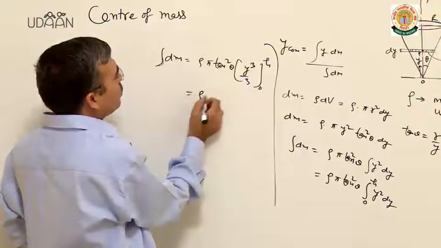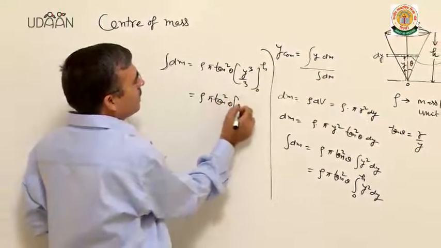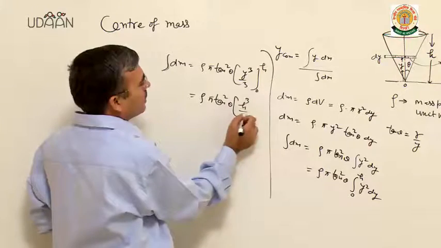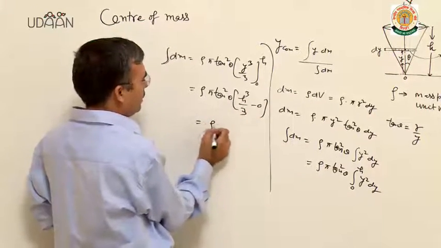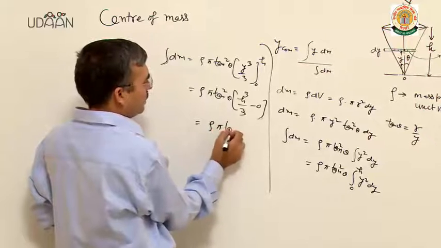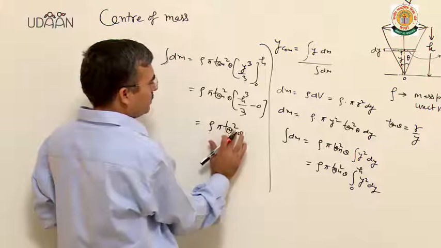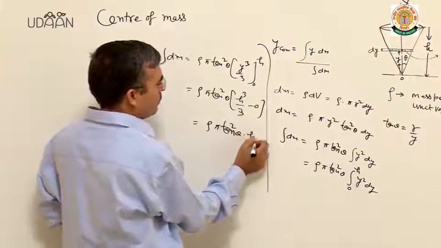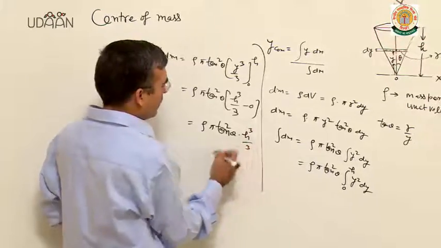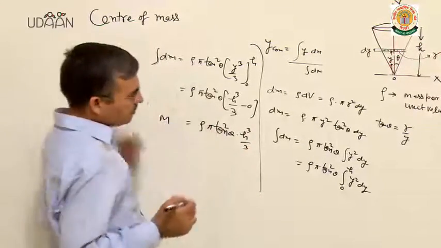This will be equal to rho into pi into tan square theta, upper limit minus lower limit. This will be equal to rho into pi into tan square theta into h cube by 3. It is the total mass of the cone.